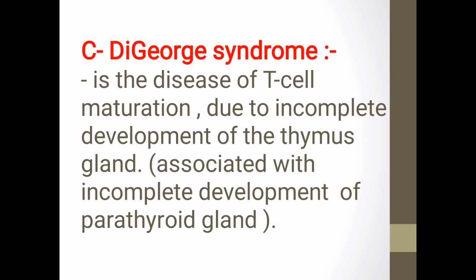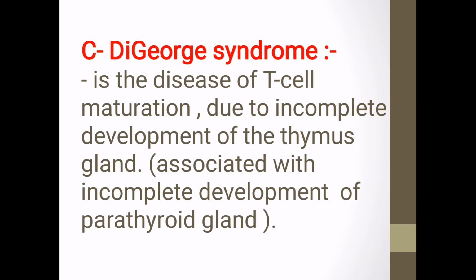Okay, and the third disease or the third syndrome in defective maturation of lymphocyte is DiGeorge syndrome, which is a disease of T cell maturation. Okay, and it is due to incomplete development of the thymus gland.